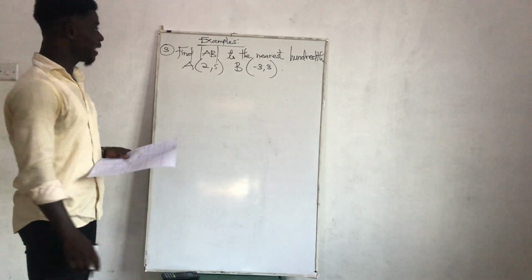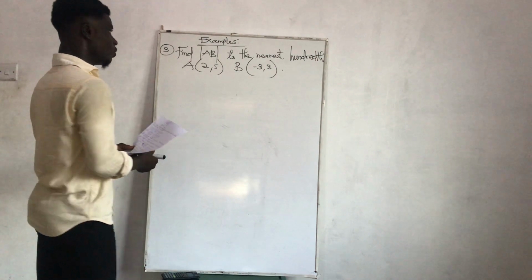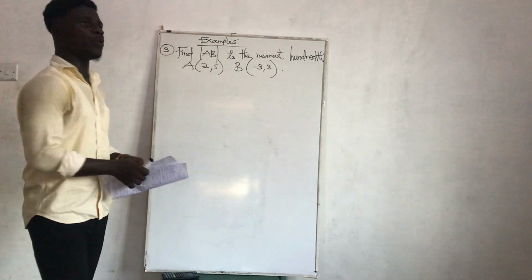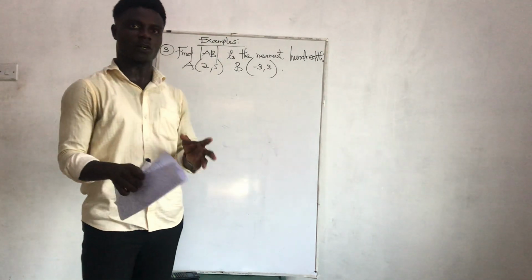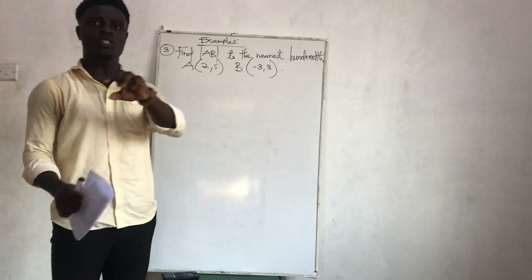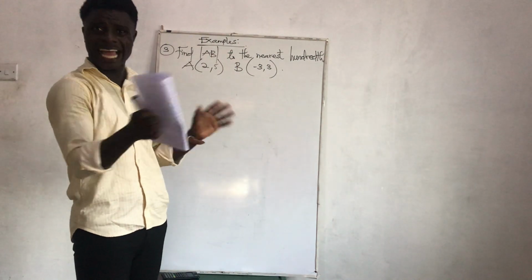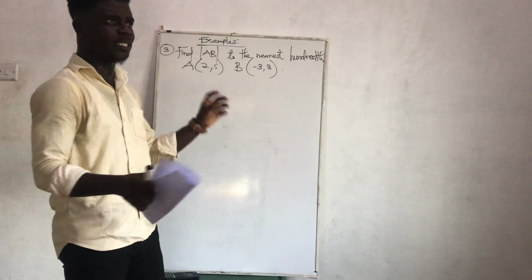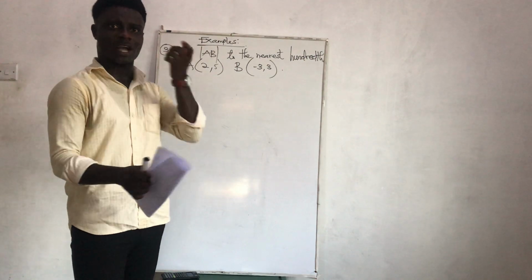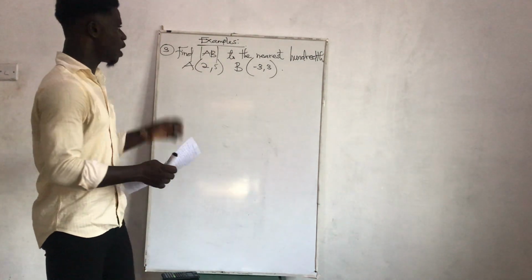Mind you, you can get fractions as your points, so don't forget, please be conversant with your fractions. If you get addition of fractions with the same denominators, you just add the numerators. If they have different denominators, we just find the LCM, then we move through. So you have to take notes.